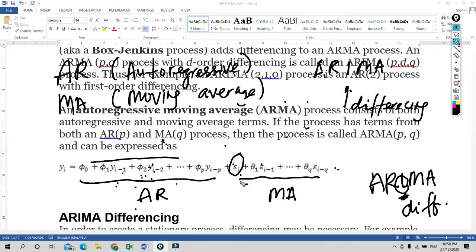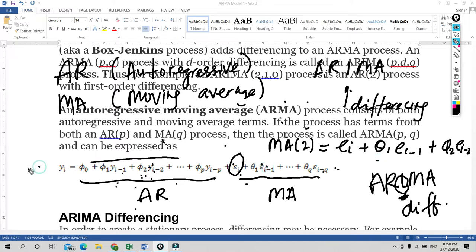For the MA model, we have theta 1 epsilon_{i-1} plus up to theta q epsilon_{i-q}. Let's say I want to write MA(2): it is equal to epsilon_i plus theta 1 epsilon_{i-1} plus theta 2 epsilon_{i-2}. This is how we write MA(2).